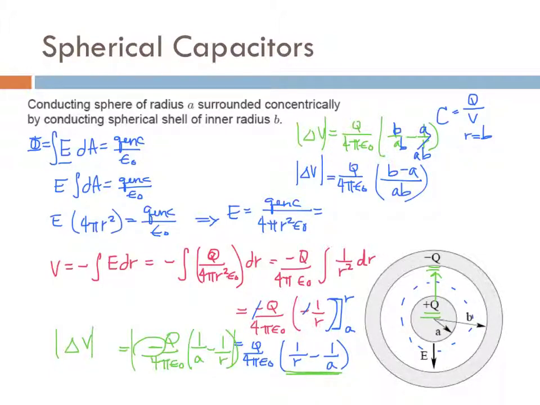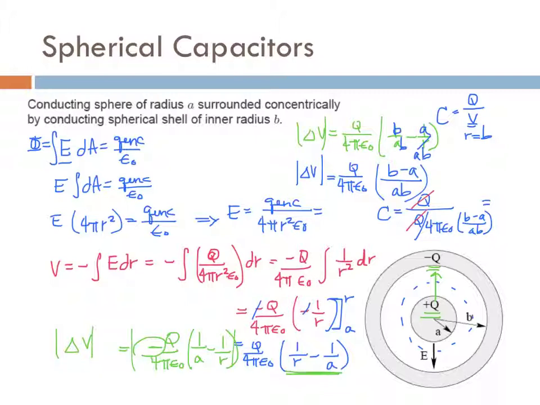Now our potential is going to go here in V. If I want to solve for capacitance, I simply plug in my potential. Again, this is just a lot of algebra. Here you're going to notice that my Q's will cancel out.